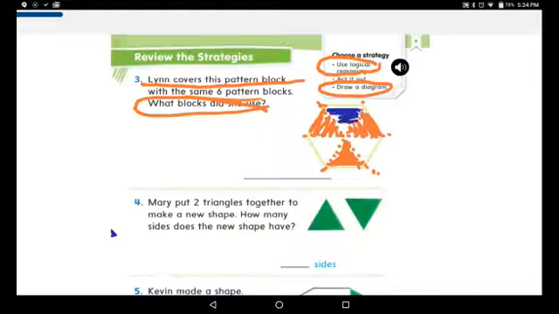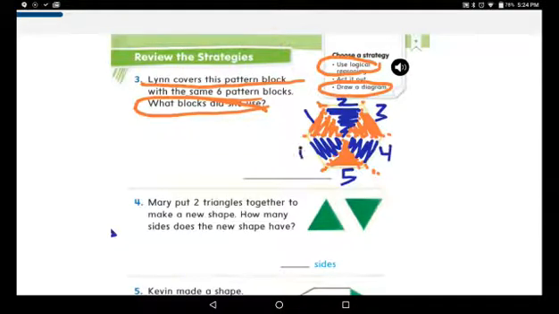This is the fourth triangle, the fifth triangle, and this is the last triangle. Can we count them now together? 1, 2, 3, 4, 5, and 6. So I used 6 pattern blocks, the same 6 blocks. What are these blocks? They were 6 triangles.